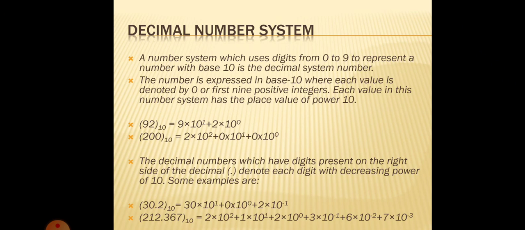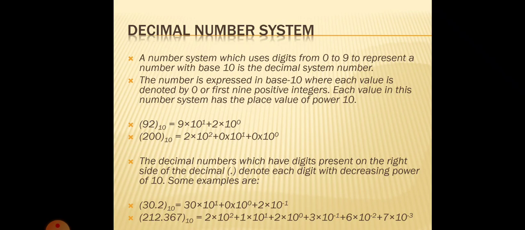So the digits which are after the decimal point, we have to multiply each digit by 10, but the power of that 10 will be negative. The first digit after the decimal point will have the power of 10 equal to -1, then the second digit after decimal point will have the power -2, and the third digit will have the power of 10, that is -3.